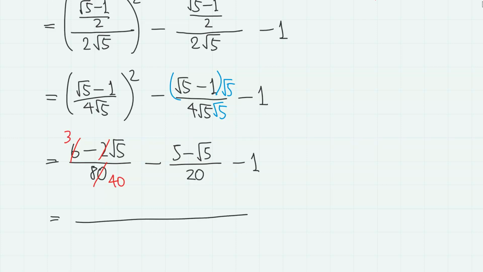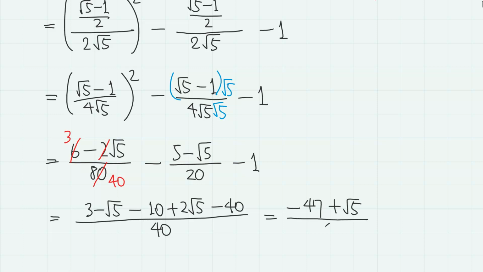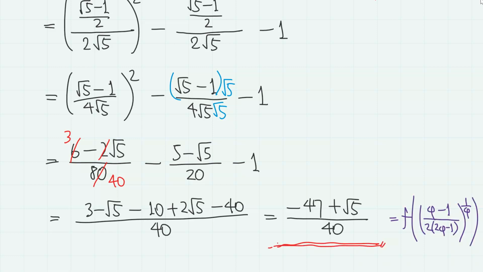So using the common denominator 40, we have 3 minus square root of 5 minus 10 plus 2 square root of 5 minus 40, which gives (minus 47 plus square root of 5) divided by 40. And this is the y-coordinate of the inflection point.